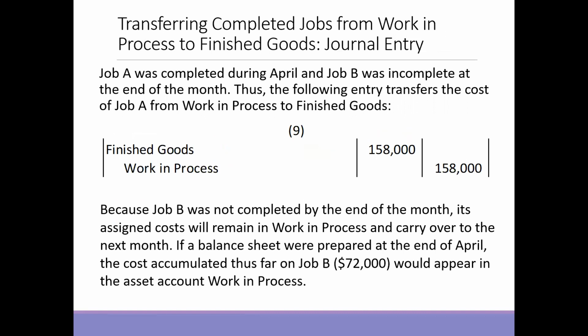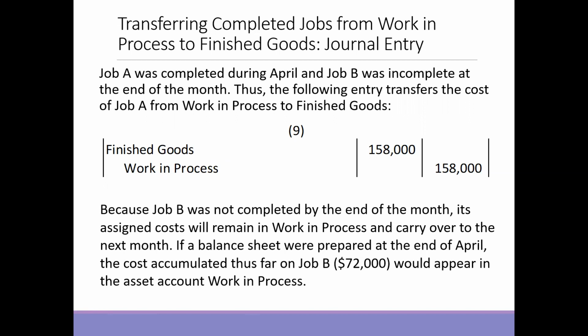Because job B was not completed by the end of the month, its assigned costs are going to stay in work in process. Remember, job A got completed in April, but job B didn't. So that will still be sitting in work in process at the end of the month. In May, it will be taken out of work in process and go into finished goods.